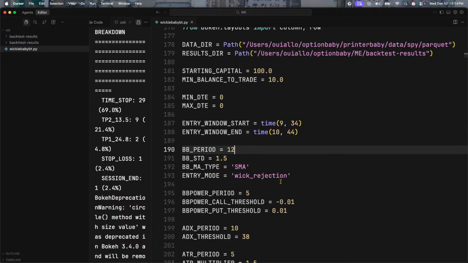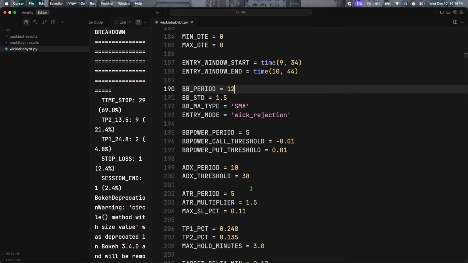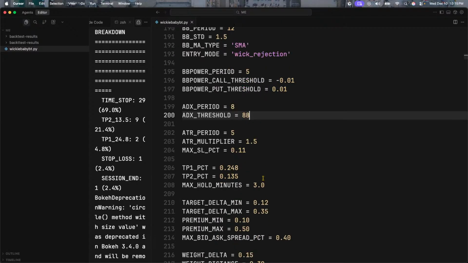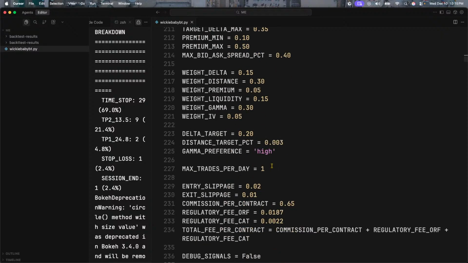Let's go back to 12. Let's keep that where it's at. Let's go back to 8. This is momentum, right? So I want ADX threshold, so we can really increase this a bit. ATR stop. Okay, we're gonna keep that the same.